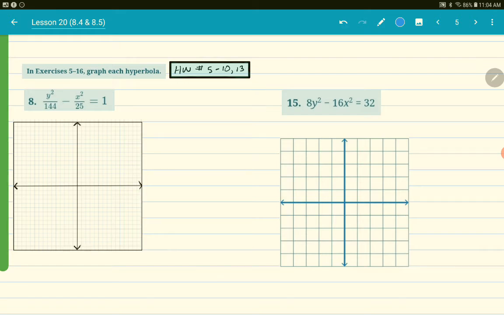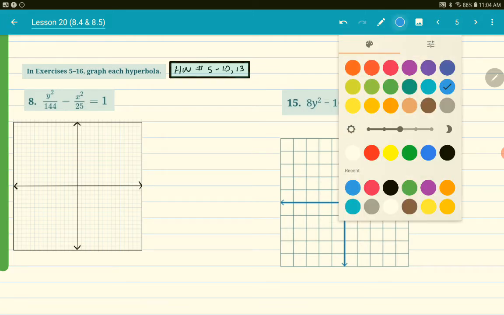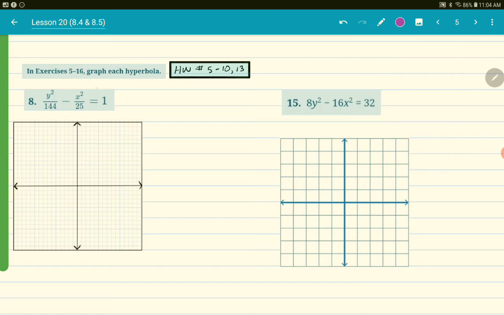Okay, so for number 8, we already have it in that right form. So it starts with the y squared, so this one must be vertical, right? So my a's are going to be plus and minus, up and down. Okay, so my first step was to plot that center. So the center is at the origin.